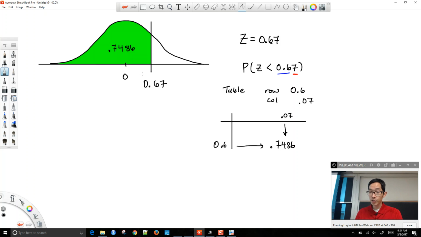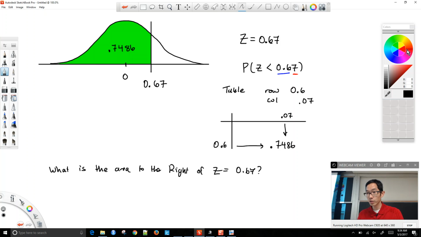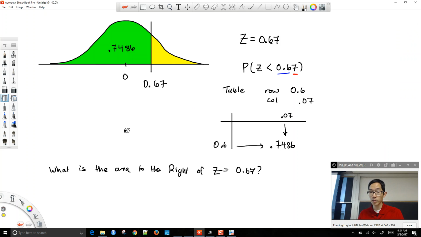Okay, and if I ask, what is the area to the right of z equal to 0.67? This would be akin to shading to the right of 0.67. How much is shaded in yellow?